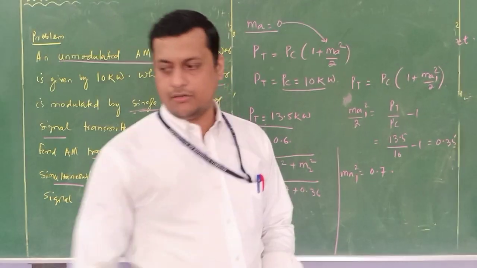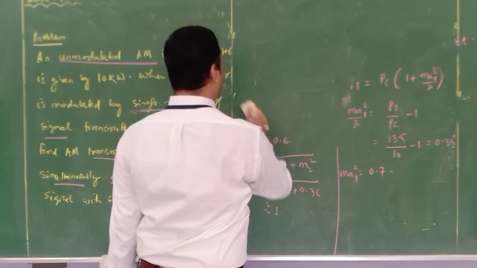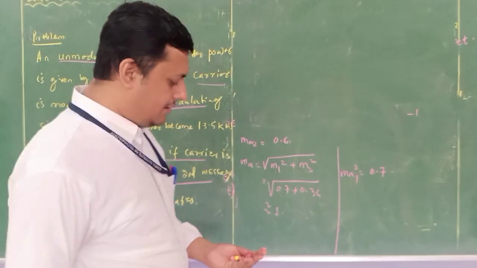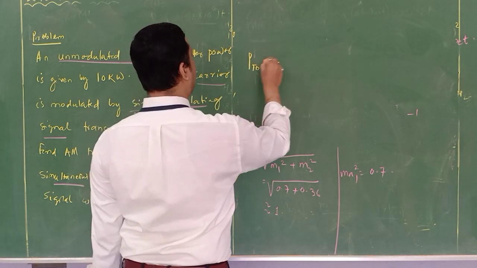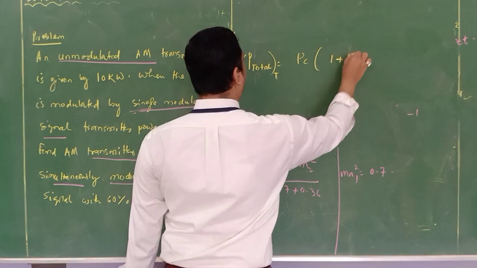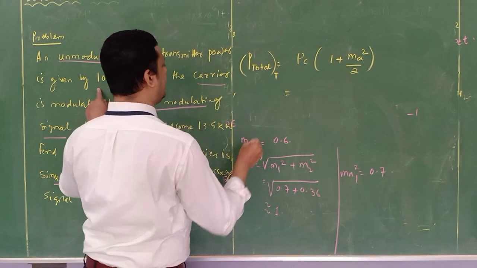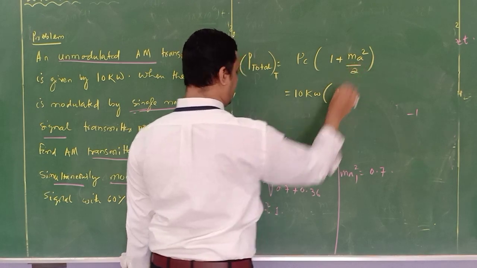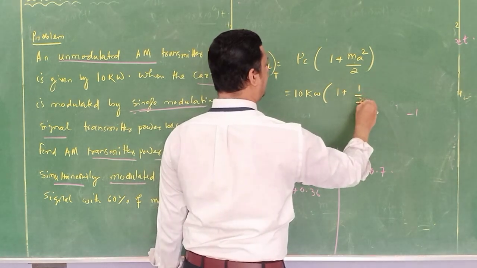Now once this net modulation index is known, we can calculate the total transmitted power. Total transmitted power P_T = PC (1 + MA²/2). Now PC is 10 kilowatt. 1 plus MA² means 1 plus 1, divided by 2.